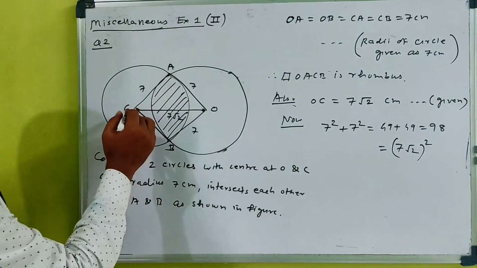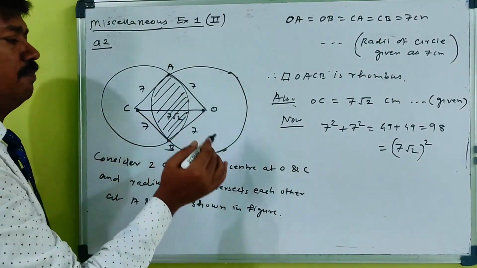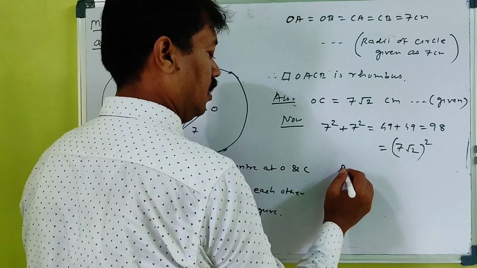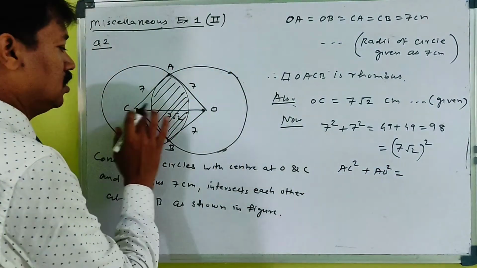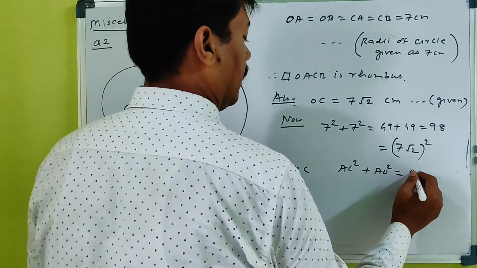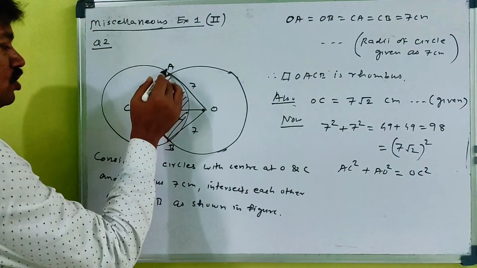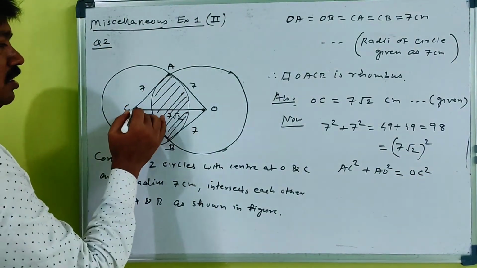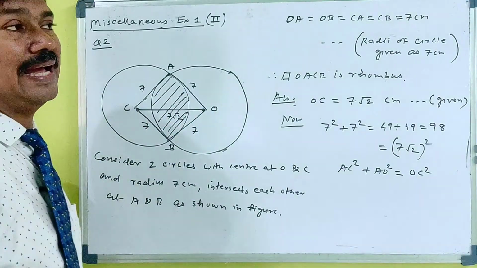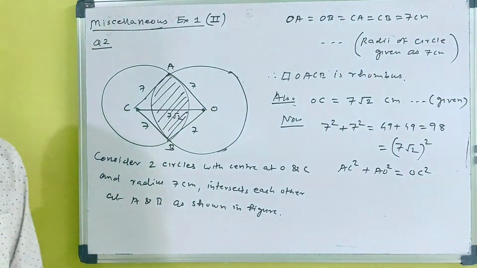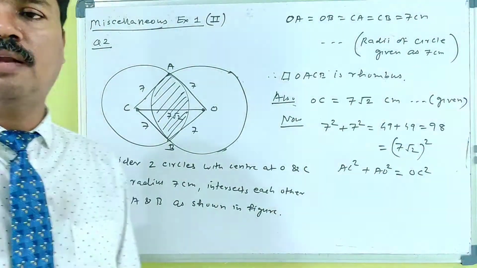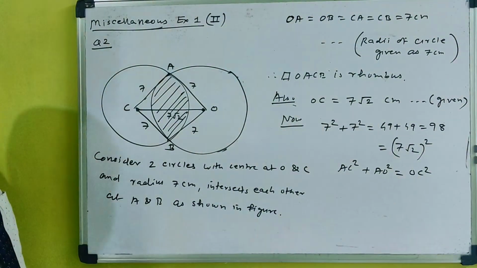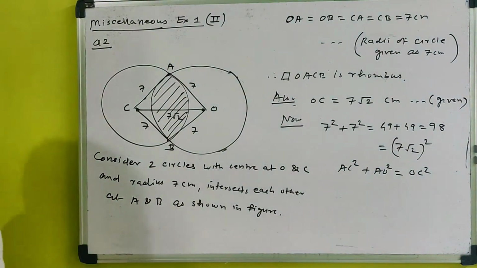So we just consider this AC square plus AO square. AC square plus AO square is equal to what? OC square. So in this triangle, कोई भी दो side का square अगर ऐड करते हैं और थर्ड साइड का स्क्वायर मिलता है, so that is always a right angle triangle. तो क्या हो जाता है? Right angle triangle हो जाता है.